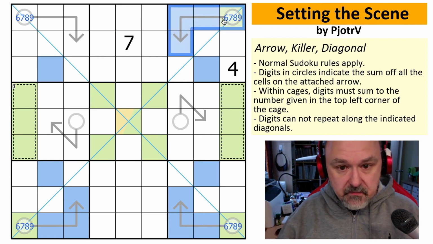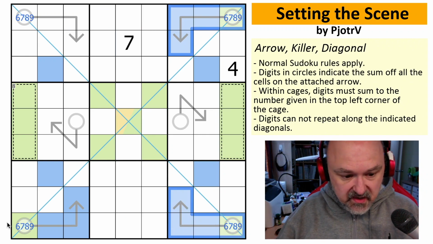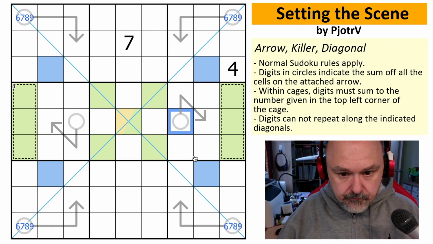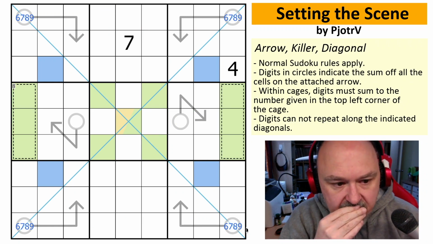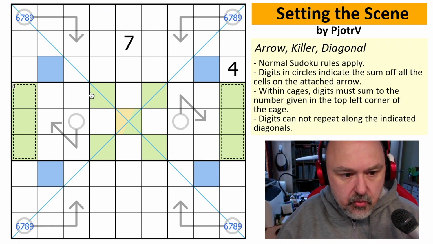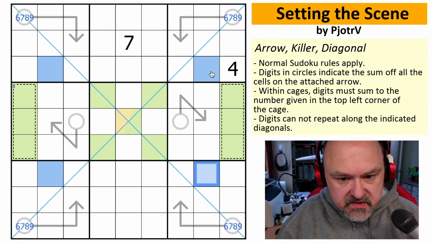And we can do the same here, and here, and here. Now that's a very interesting set. So what we know is the total of these blues is exactly the same as the total of all of these greens.